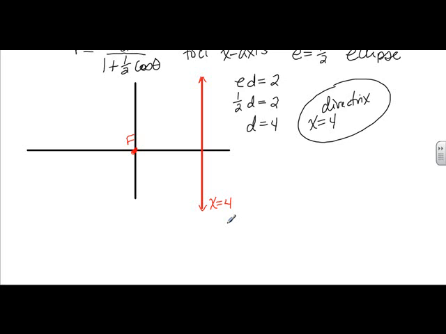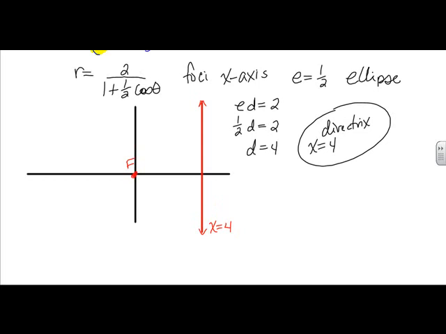Okay, to find the vertices, the points that the ellipse actually has that are going to be on the x-axis, we need to think about it this way. Since we're working in polar form, the two values of theta that I want to consider that would get us points on the x-axis would be theta equal to 0 radians and theta equal to pi radians. So let's do this.